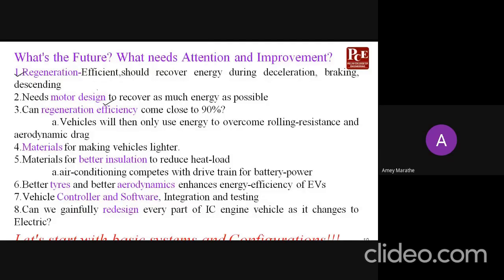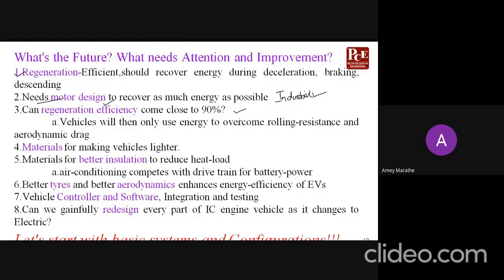Please try to understand why I say we require motor design: all the motors which are available in the market are industrial motors. Motors were not made or designed for use in automobiles. So we need a good motor design for their use in cars or in vehicles. Now the question is, can regeneration come close to 90%?